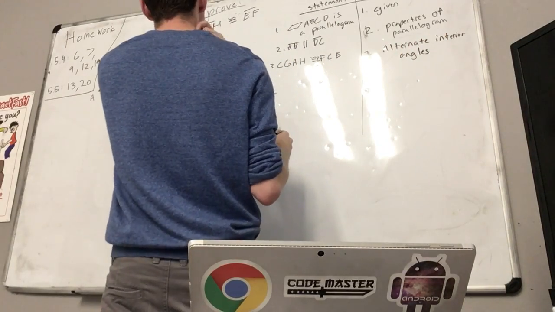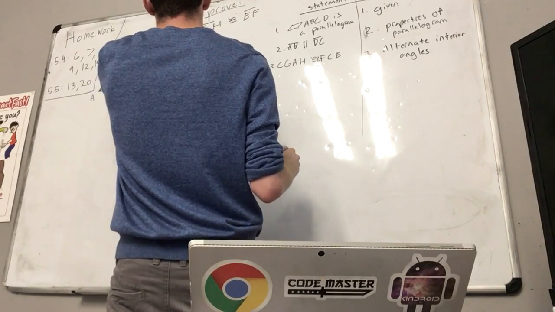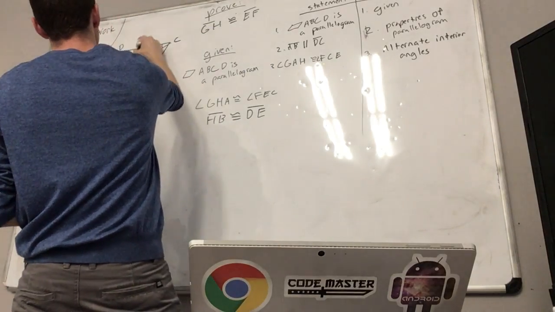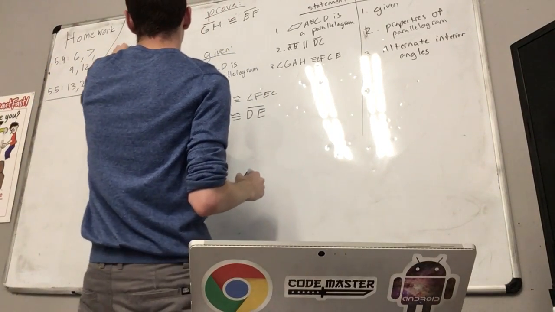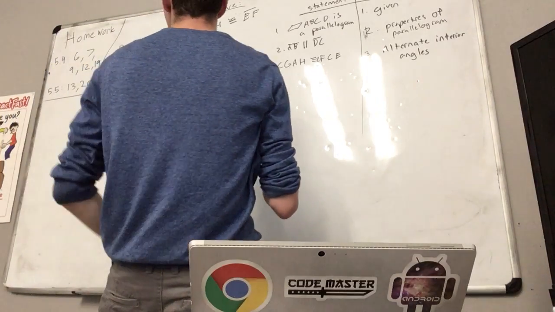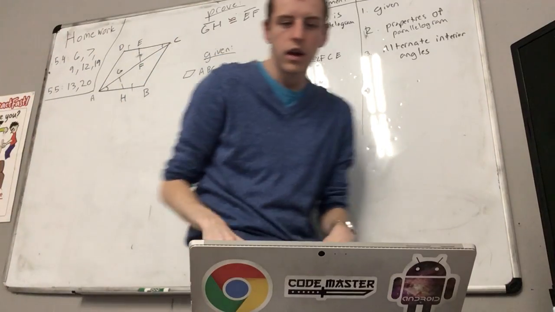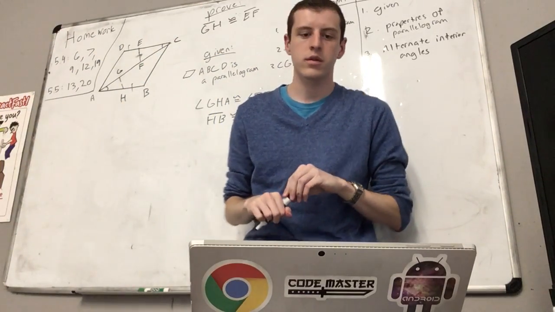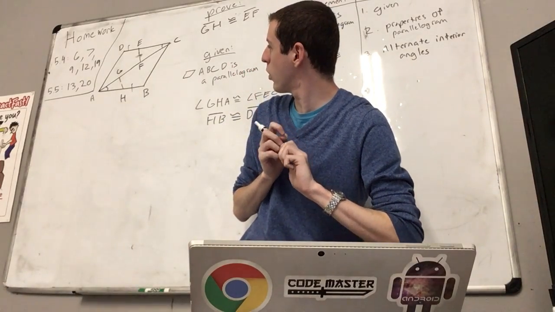Alright, so I've got G, H, E, F. Oh, sorry, that's not improved. H, B, D, E? Okay. Alright, so now I'm going to use one more.